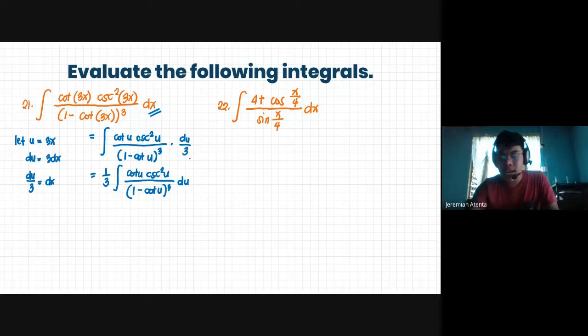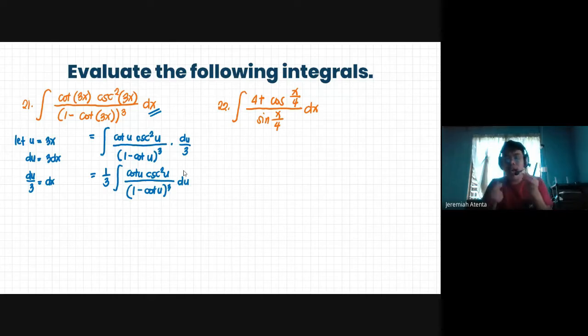So as you can see, take note, what is the derivative? Kasi ganito yung mangyayari. Hahanapin natin yung expression in such a way na if kukunin natin yung derivative niya, lalabas yung ibang expression na nasa given integral.